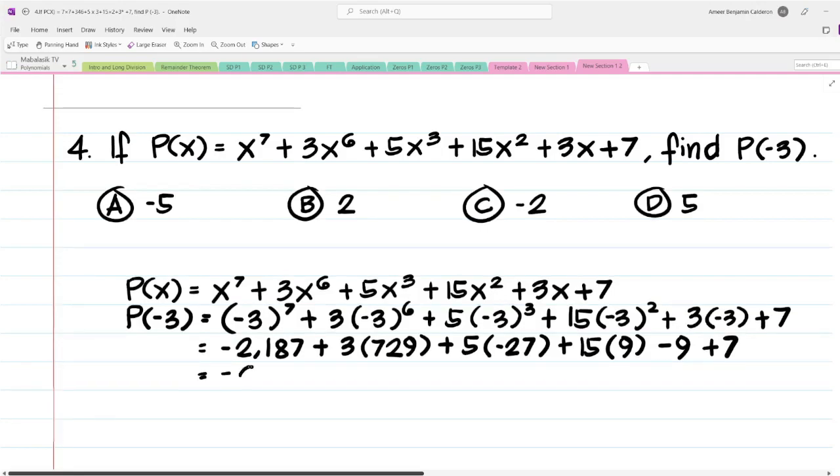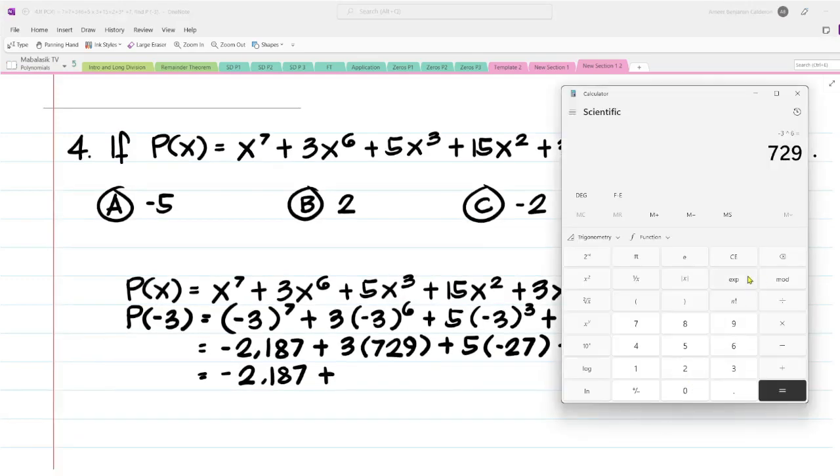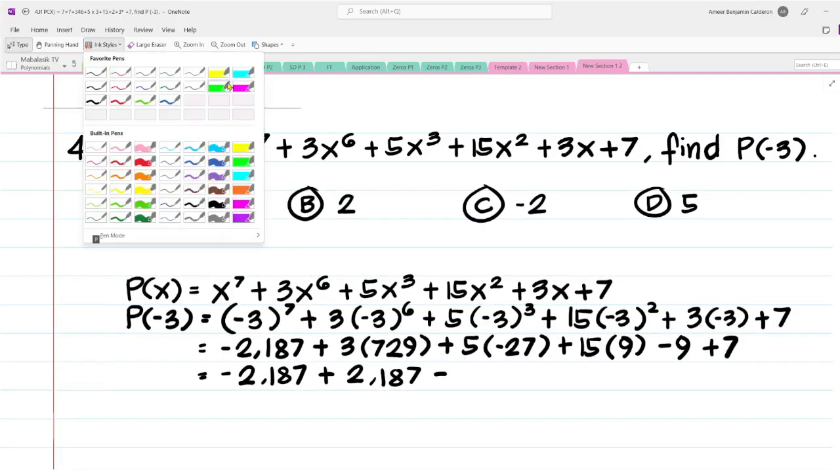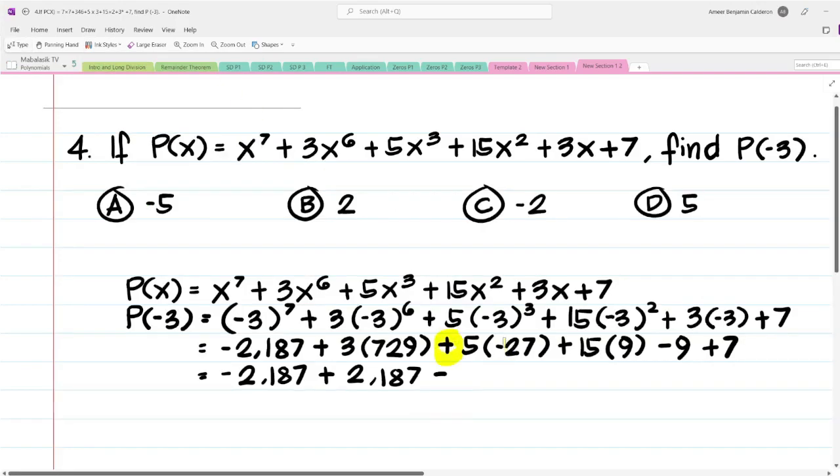So negative 2,187 plus, I believe this is also 2,187. 729 times 3. Diba? So 2,187 minus, because we have here a plus and we have negative 27.